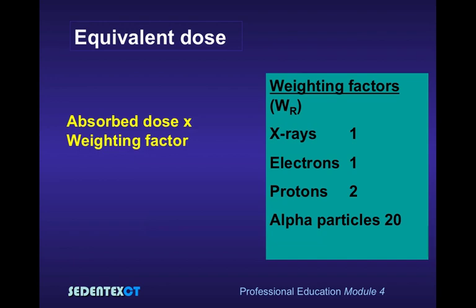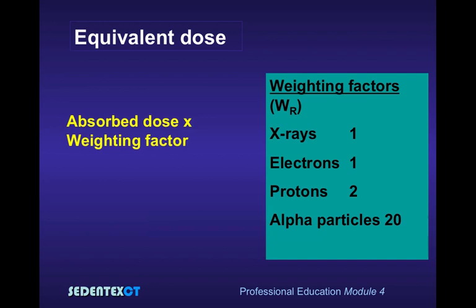To complicate things a little, the absorbed dose has to be multiplied by a weighting factor according to the type of radiation being used. This is because different types of radiation can produce different degrees of damage for the same amount of energy imparted.